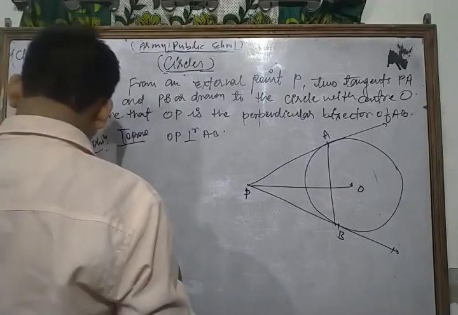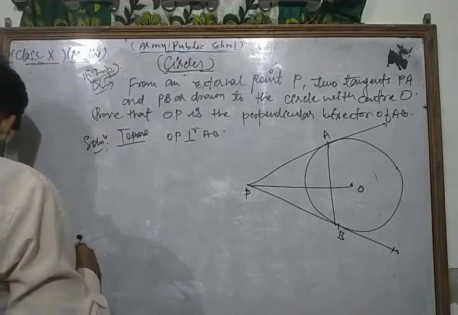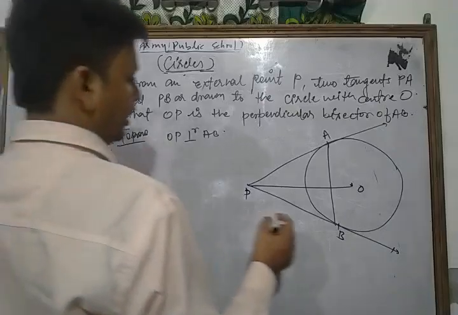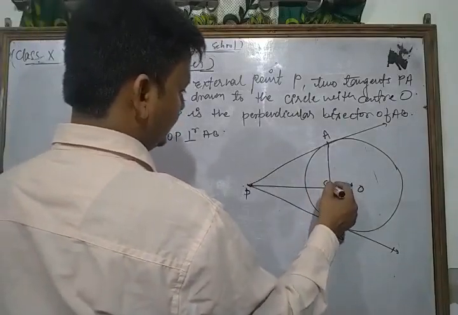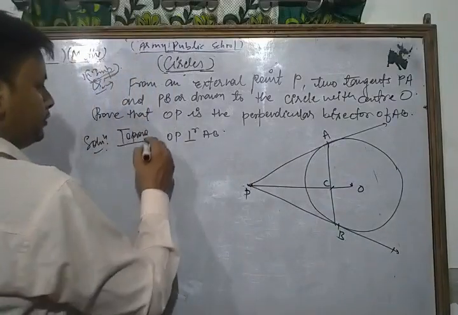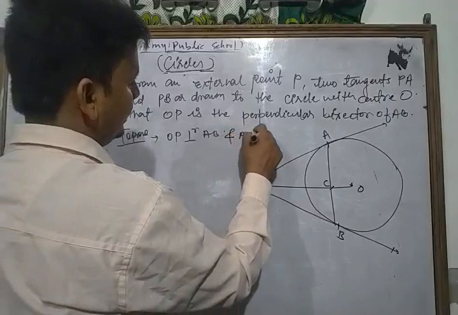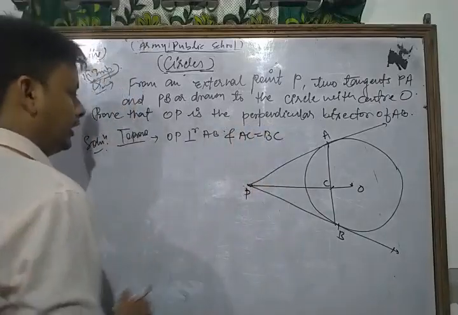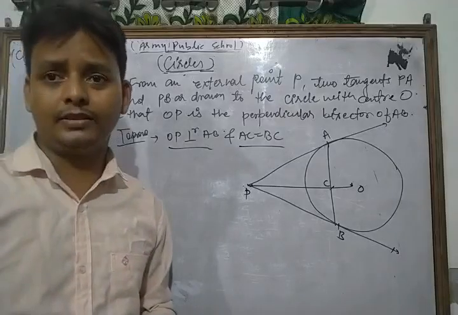Let us take that OP intersects the common chord AB at point C. We have to prove that OP is perpendicular to AB as well as AC is equal to BC. This is the result which we are required to prove.